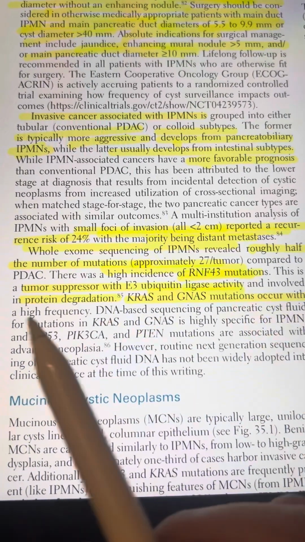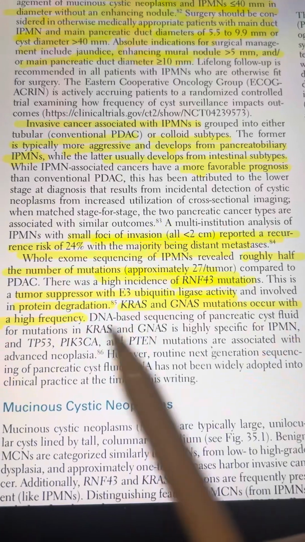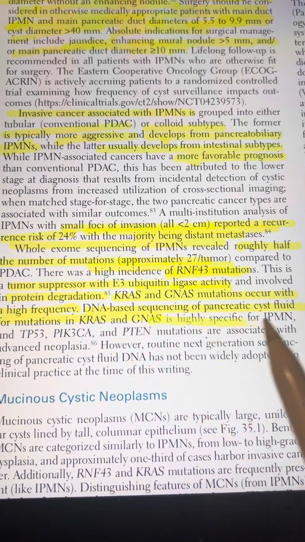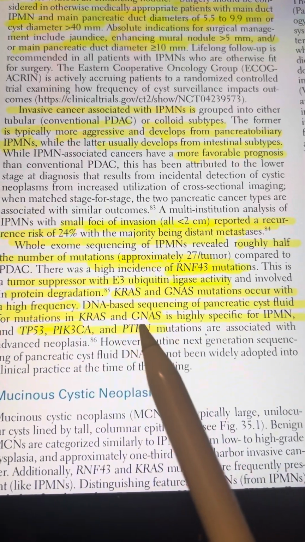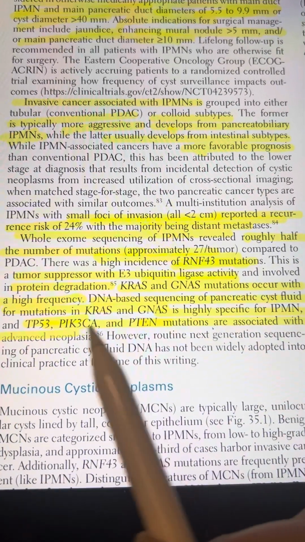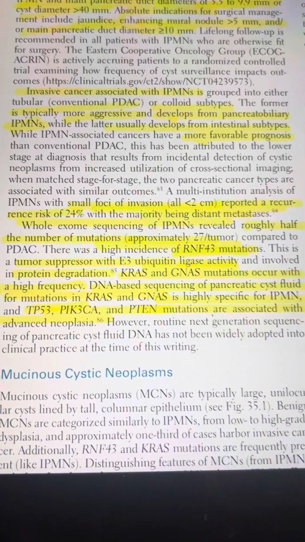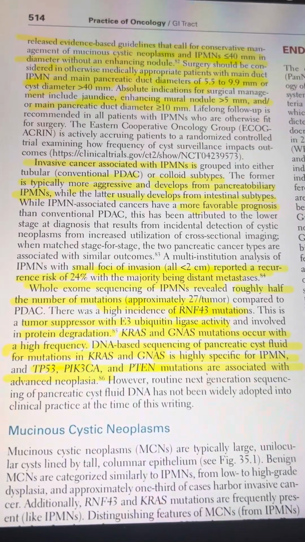KRAS mutations occur in high frequency on DNA-based sequencing of pancreatic cyst fluid. They show KRAS and GNAS as highly specific for IPMN. P53, PIK3CA, and PTEN mutations are associated with advanced neoplasm, but routine next generation sequencing of pancreatic fluid DNA has not been widely adopted in clinical practice.